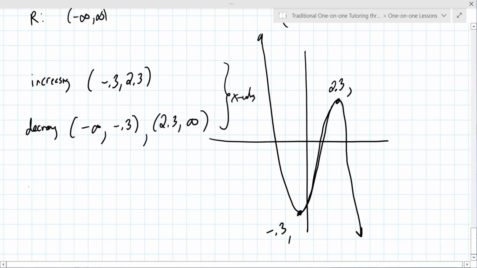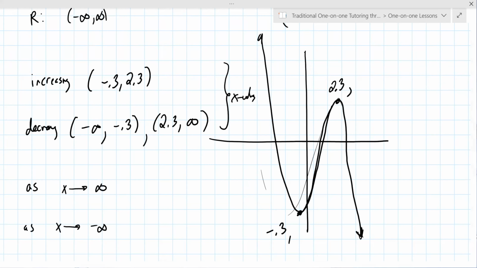And then the last thing is as x goes to infinity, as x goes to minus infinity. X going to infinity means you're tracing the curve to the right. Once you stop going up and down and just keep going in one direction, it's like, how far down are you going? And the answer is you go down to minus infinity.